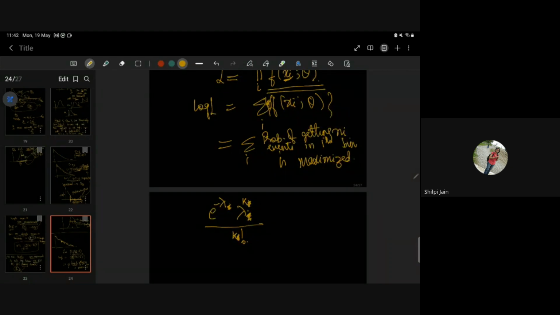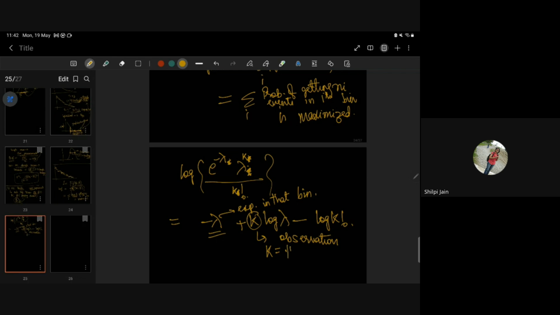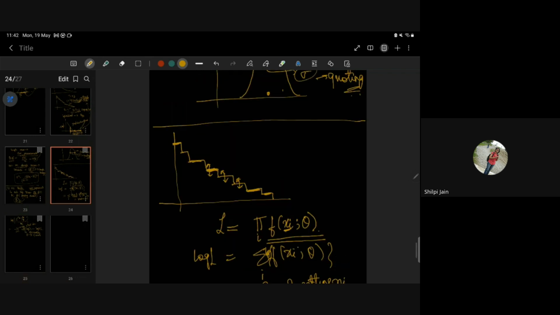So I'll take the log of this: minus lambda plus k log lambda minus log k factorial. Now what is lambda? Lambda is the expectation in that bin, and k is your observation, meaning you observed k number of events. For example, if you got let's say 10 here, then k will be 10.